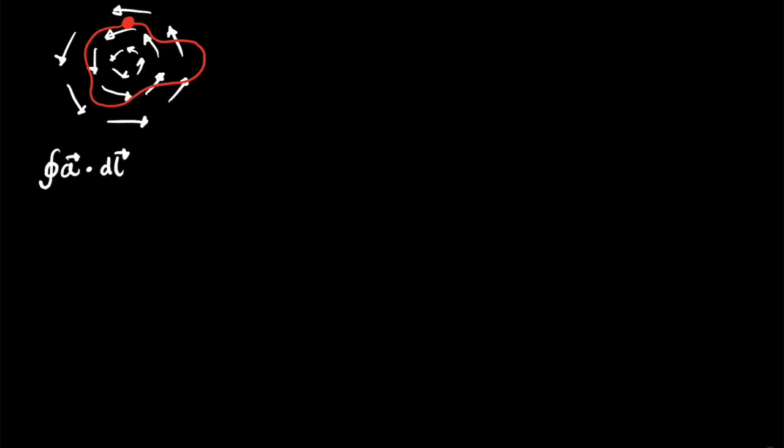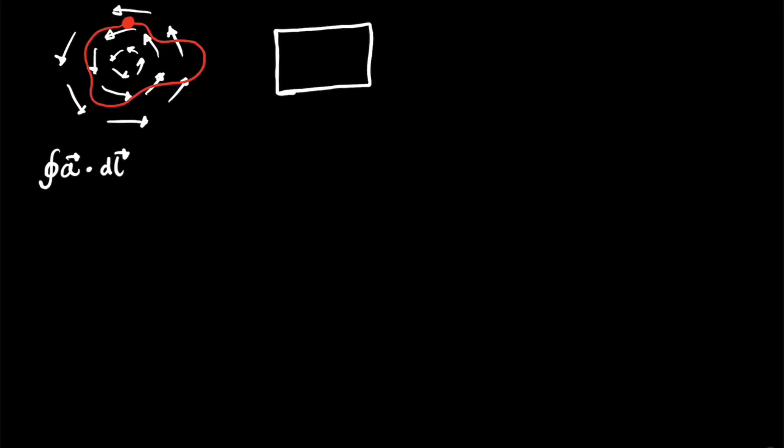Now this actually has a very close resemblance to curl, and I'm going to show how the two are similar. So what I'm going to do is consider a rectangular loop right here. This loop represents a path.